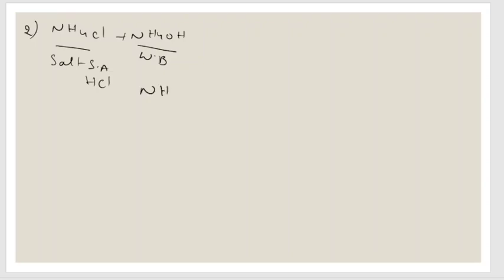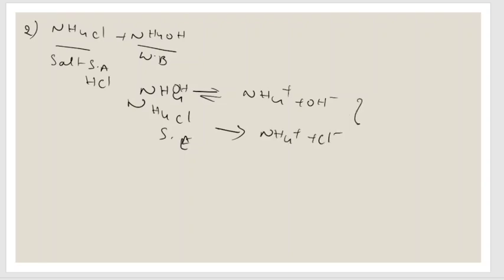Whenever these two are in the solvent water, NH4OH exists in equilibrium as it is a weak electrolyte, and NH4Cl completely dissociates as it is a strong electrolyte, into NH4+ and Cl-. Now the solution has a larger number of NH4+ ions, ammonium ions.